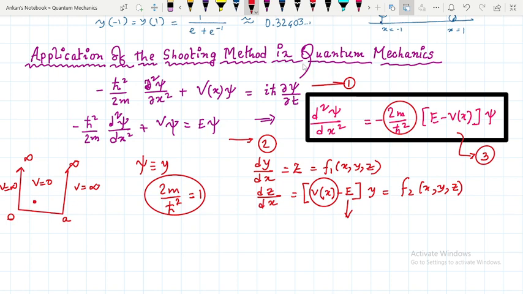Okay, so for this case the energy eigenvalue for this model will be nothing but E_n equals pi square h-bar square by 2m a square into n square.